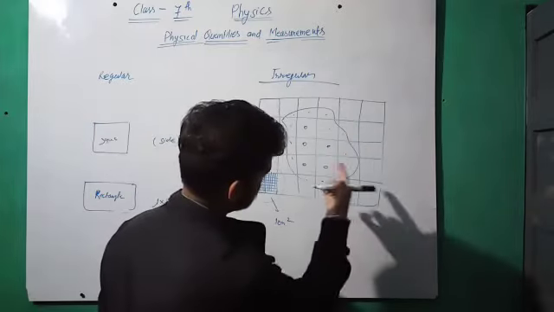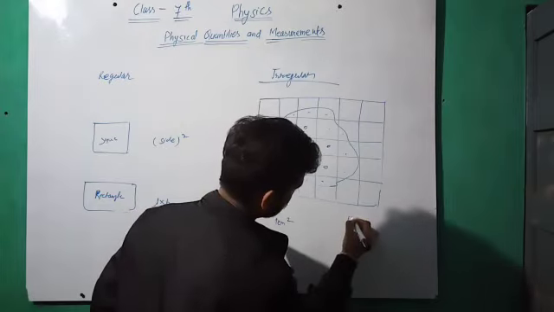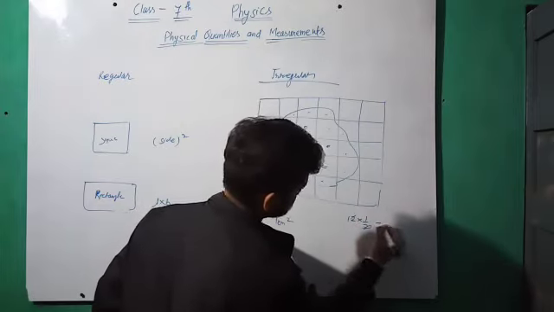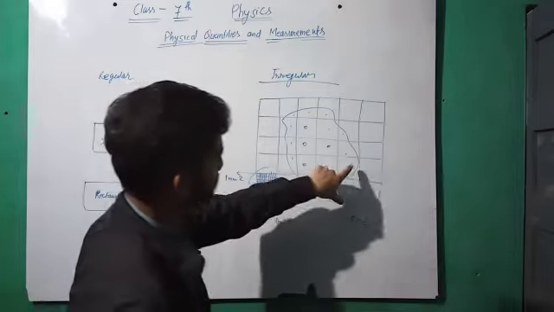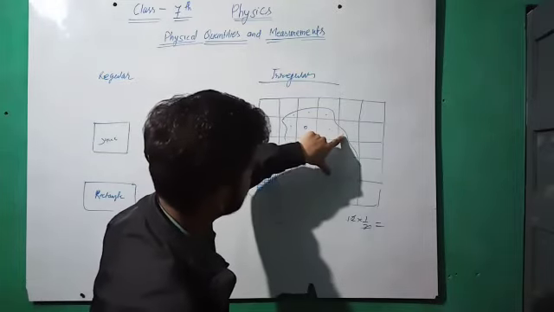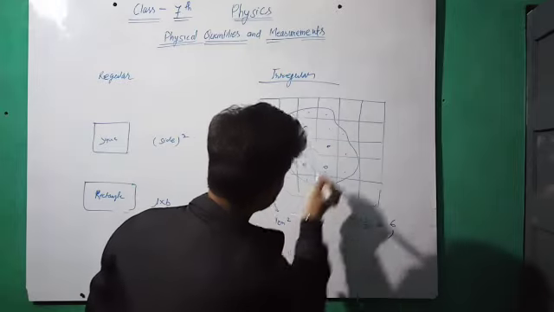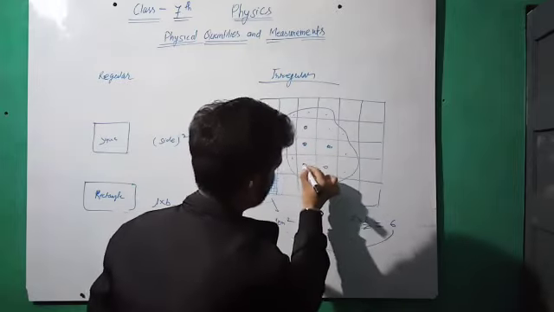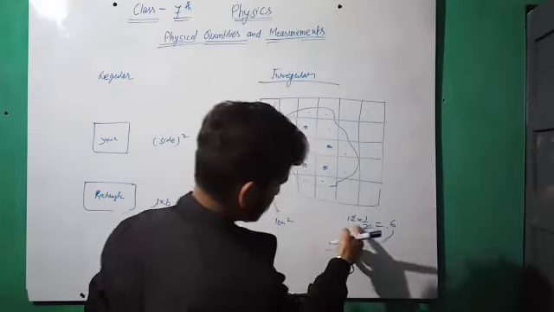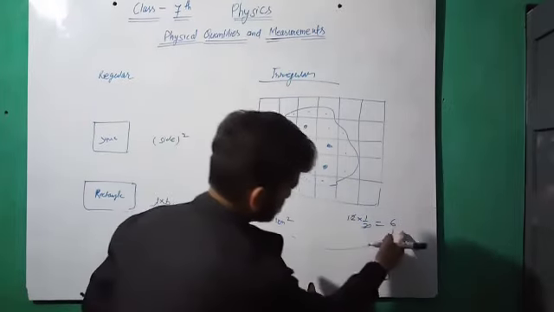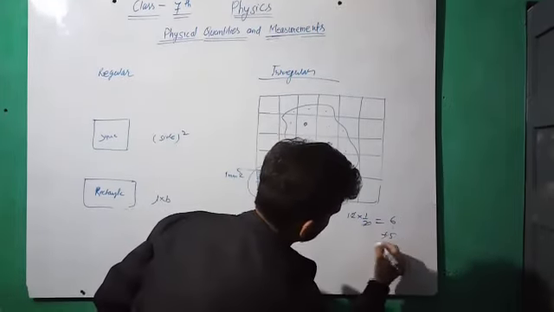If you take half of these, then 12 into half is 6, because some parts are more than half and some are less than half. So it becomes 6. So total number of parts are 5 full parts and 12 parts of half, that is 6, then 6 plus 5 is 11.